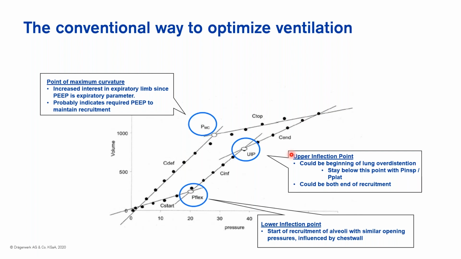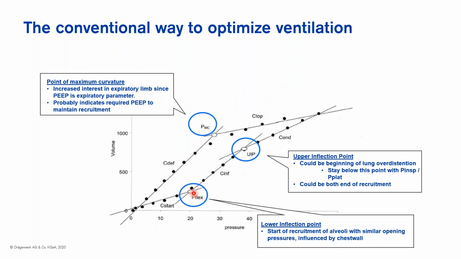So we don't really know which of the two, but we probably would not go higher than this upper inflection point. This is on the inspiration cycle. We can also perform a similar analysis on the expiration cycle, and then we have this point of maximum curvature.